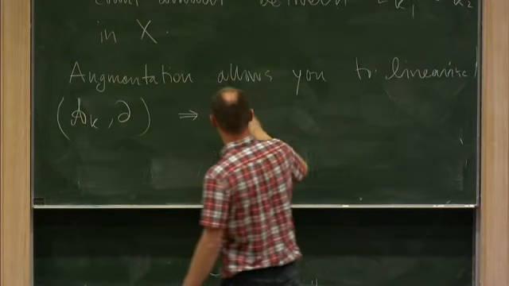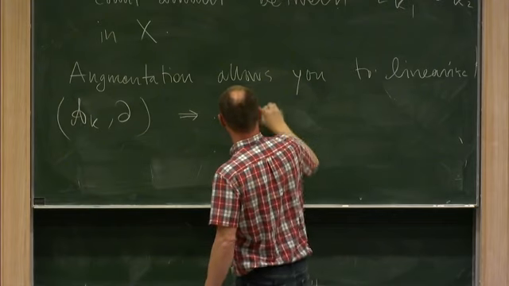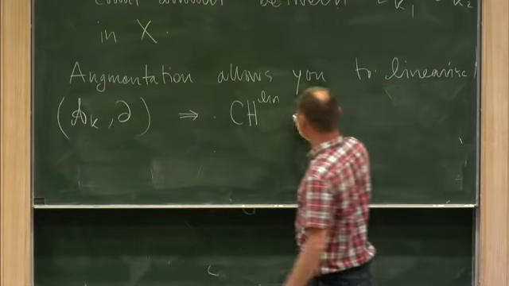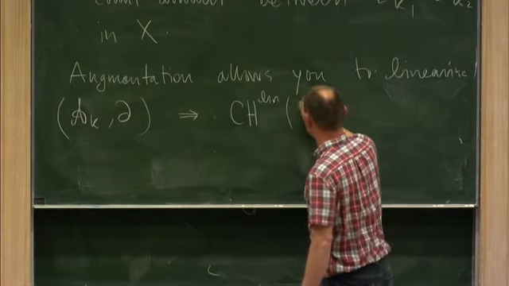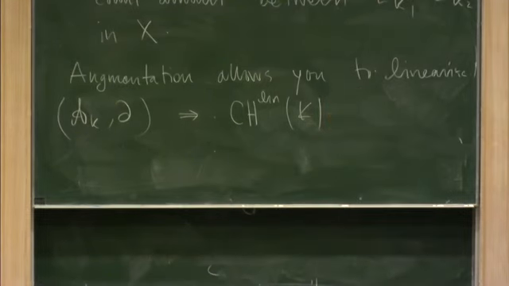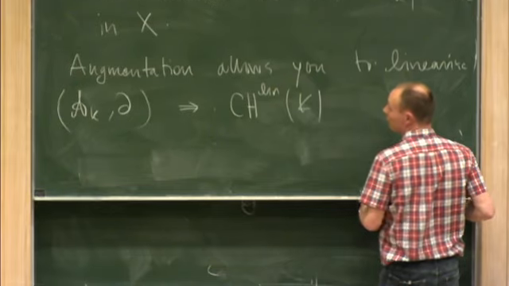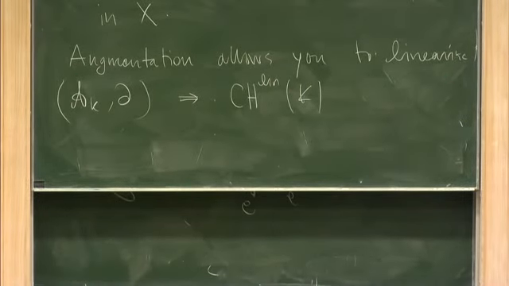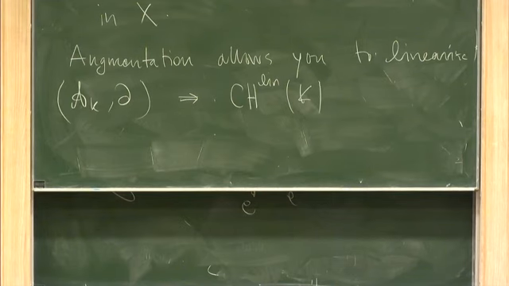So maybe I call it linearized contact homology of K. I mean, we don't really know that this curve we're working over is irreducible, but imagine for a while that it is.